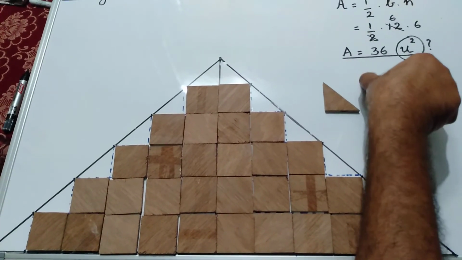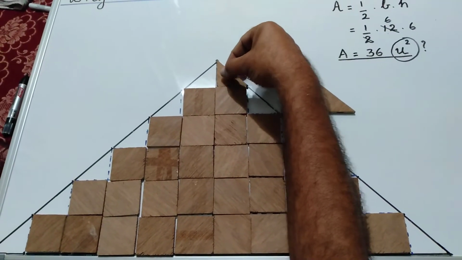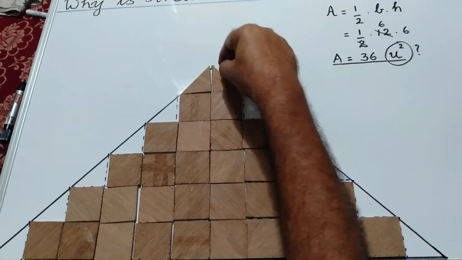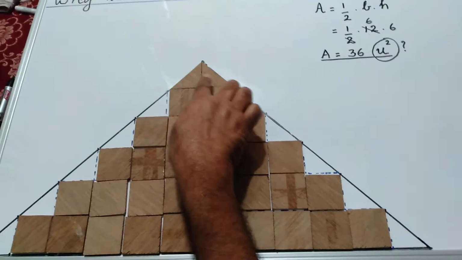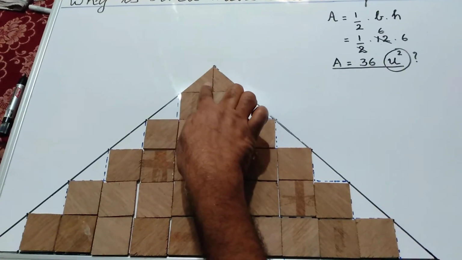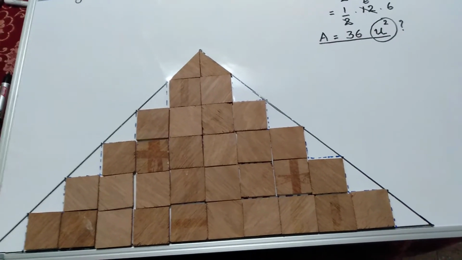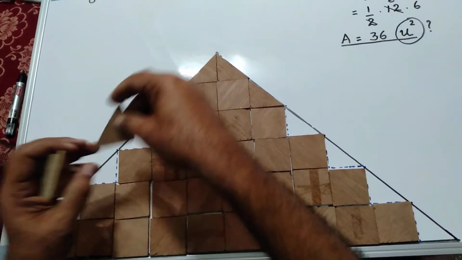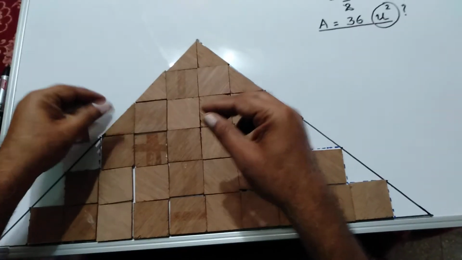So I am cutting it and placing it where the right angled triangles are shown. These two right angled triangles that I have placed actually constitute one unit square. So bear that in mind. Okay. If I complete filling it up, this is what we are going to get as the final product.